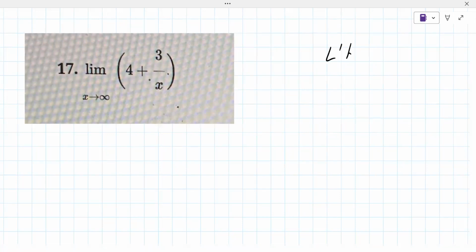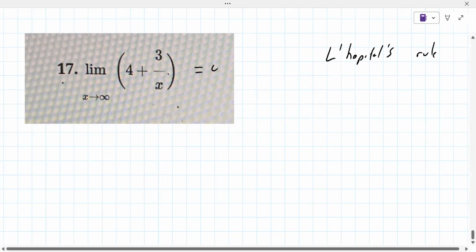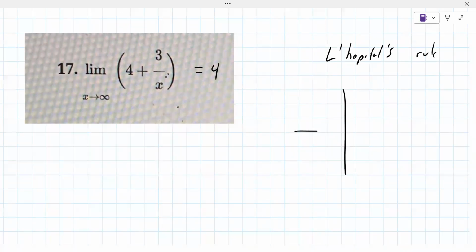The limit here is just 4 because 3 over infinity goes to 0. 4 plus 0 is 4. You could graph it and you would see that to the right, it approaches 4.